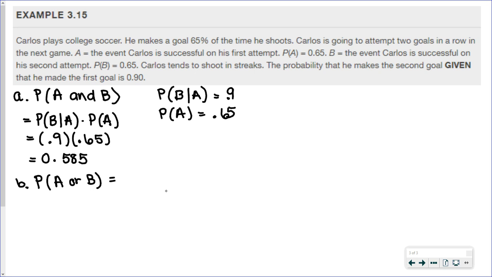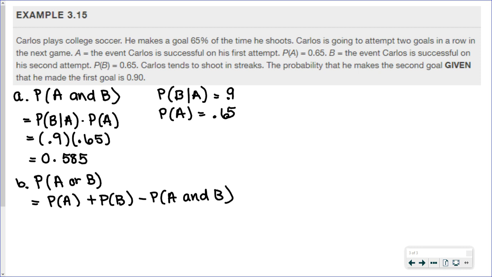I'll write it underneath just like I did the other one. The general addition rule states that we can add the two probabilities. However, I need to take away that common area, which is P of A and B.